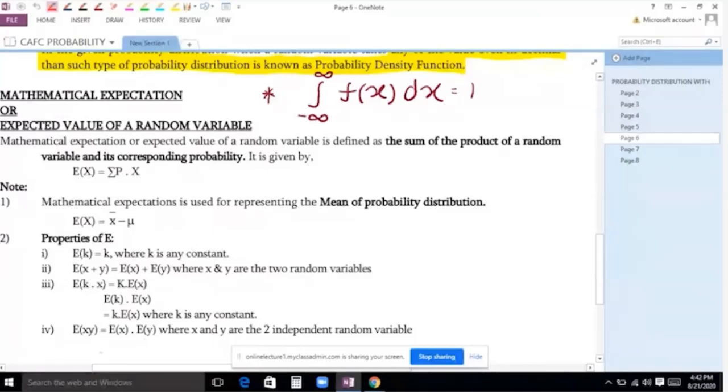The answer to that question is mathematical expectation, or the expected value of a random variable. It is defined as the sum of the product of a random variable and its corresponding probability.